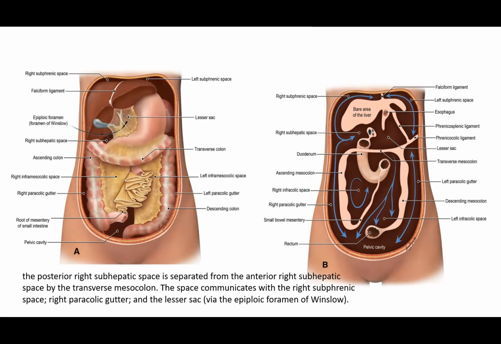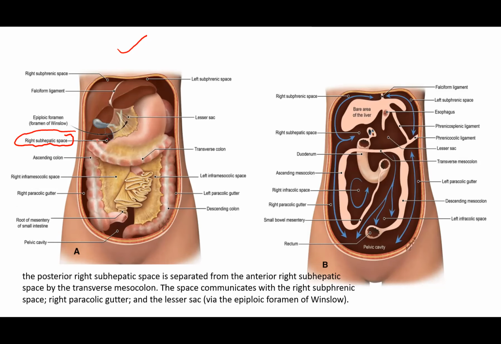If you look at this image here, this is the right subhepatic space. You can see this space is subhepatic, and behind that is the position where you have the right kidney. So it's a space. It's also called the hepatorenal recess.